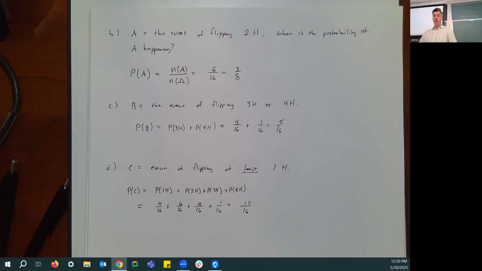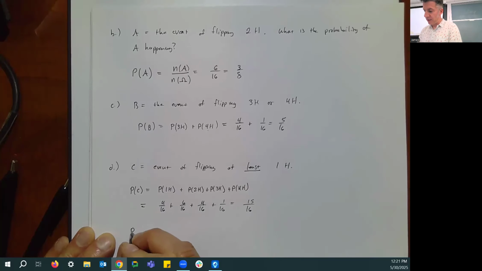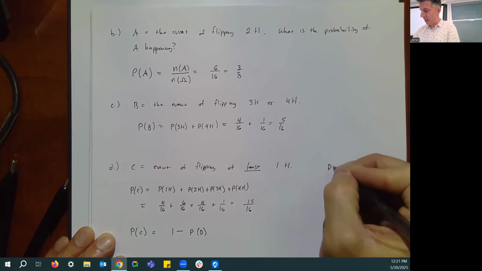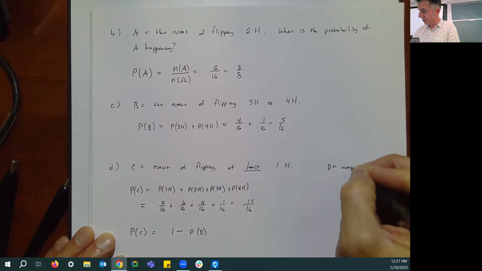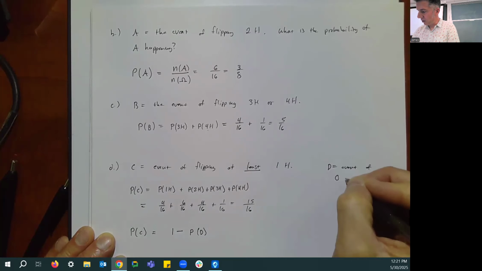Or we could use what's called the complement. So instead of counting up all the ways of getting at least one head, count up all the ways of not getting at least one head. Well, if I want everything else, the only other thing that's left is getting zero heads. So you could say the probability of C, which is getting at least one head, is equal to 1 minus the probability of D, where I haven't told you what D is yet, where D is getting no heads or zero heads.